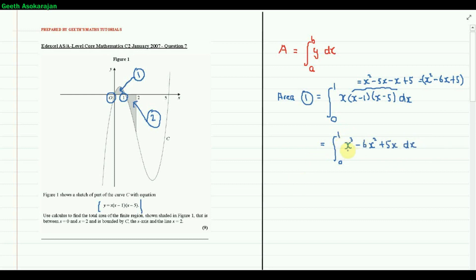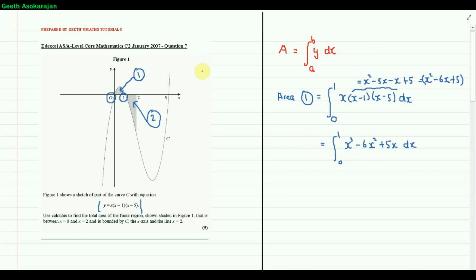And we're integrating terms of the form ax to the power n. So let me go back to my red pen. If you're unaware of integration, again, I provide links to videos that I've done in the past, and these videos have additional examples explained in a step-by-step manner, so be sure to check them out. But let me talk briefly about the integration process.